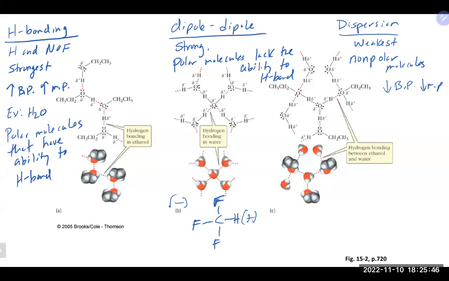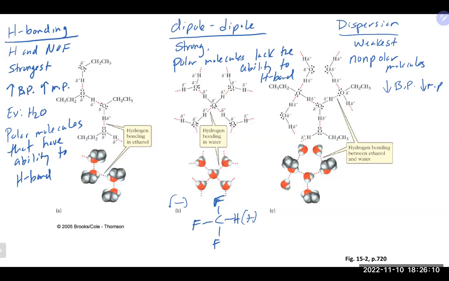They typically cannot hydrogen bond because they don't have a hydrogen that can participate in hydrogen bonding. Could that molecule interact with maybe something like an OH that does have a positive hydrogen? It could, but it wouldn't necessarily be considered hydrogen bonding because you don't have the right interaction. It would be more dipole-dipole interaction.